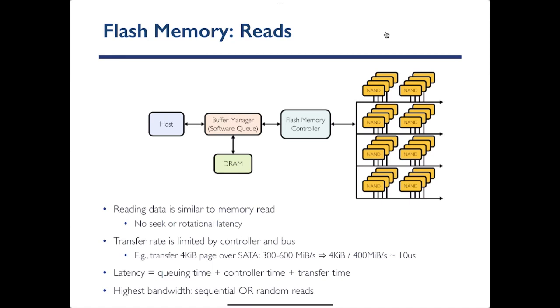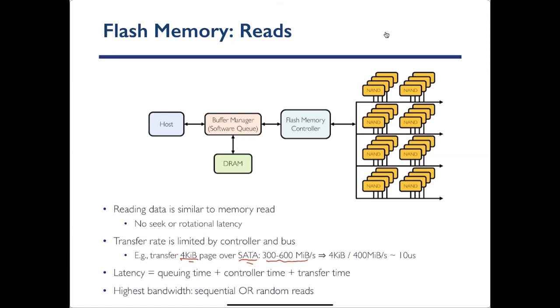As I mentioned, the unit of data transfer is basically a page. Let's assume that your Flash page size is 4 kilobytes, and that you have a SATA connection to your SSD. Usually the range of SATA data transfer is something between 300 to 600 megabytes per second.